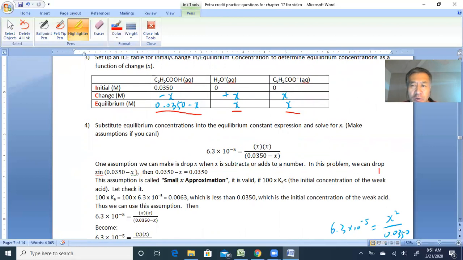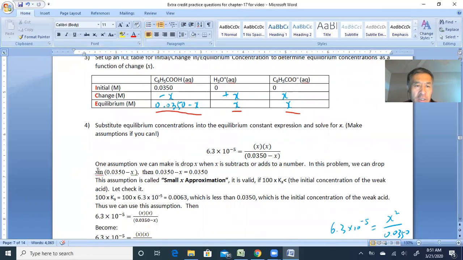In this problem, we can drop the x in this expression because compared with 0.035, x is much smaller, negligible. Therefore, 0.0350 minus x equals 0.0350.